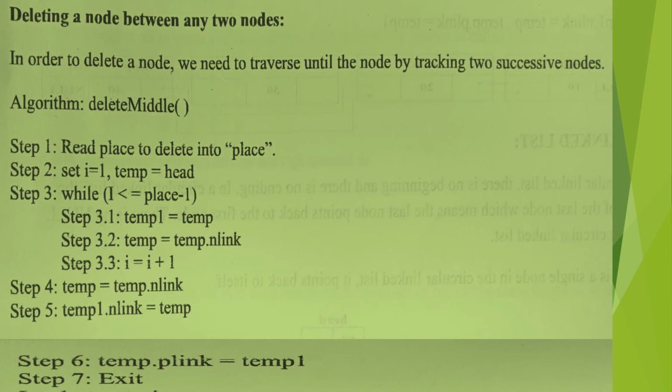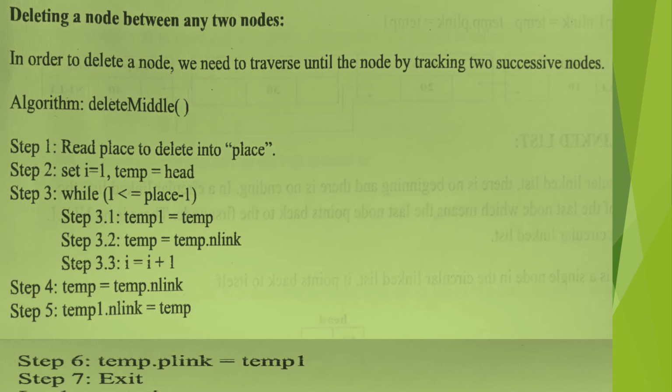Set i equal to 1 and temp equal to head. While i is less than or equal to place minus 1, temp1 equal to temp, temp equal to temp.nlink, i equal to i plus 1. Temp1.nlink equal to temp.nlink, temp.nlink.plink equal to temp1, then exit.